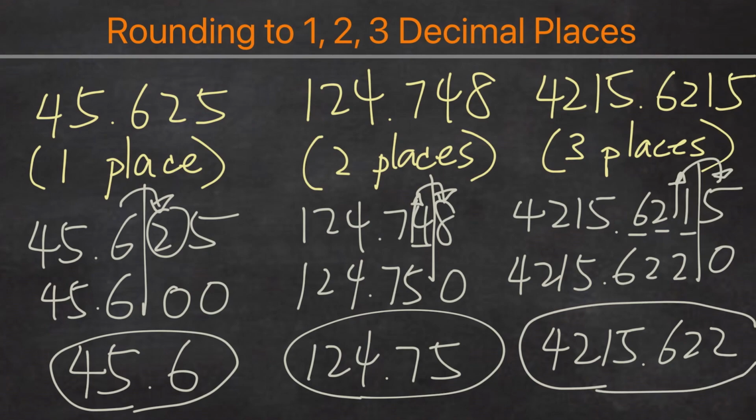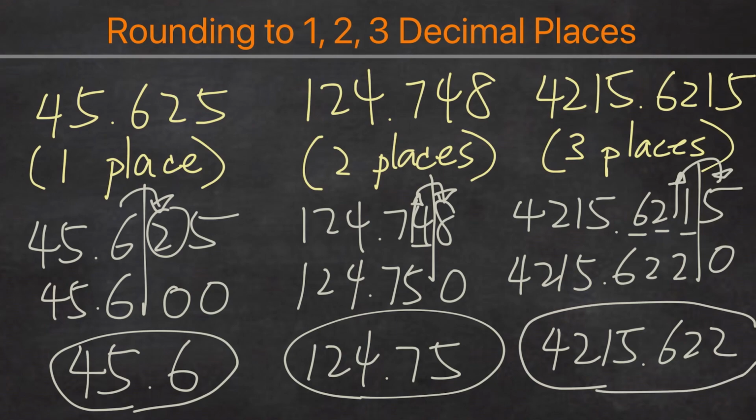So rounding to 1, 2, 3 decimal places is to know the rule of rounding, which is 4 or less, let it rest, 5 or more, raise the score. This is something that you have to memorize in your head. Another way of memorizing it, just think of the number 5. When a decimal has the number 5 in it, it means that it's half.